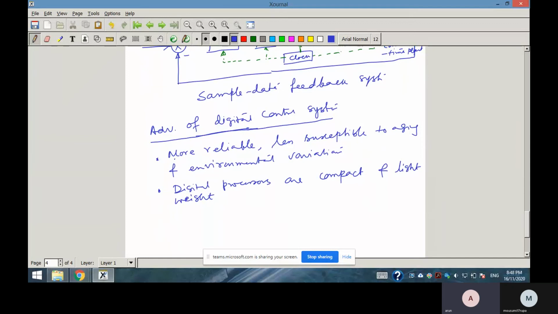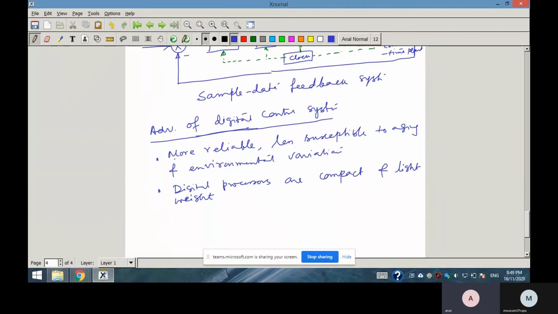That's why nowadays model predictive control, a very complex controller, is still being implemented in industry. This is a very advanced controller that industries are now accepting. All model predictive controllers are implemented using digital processors.